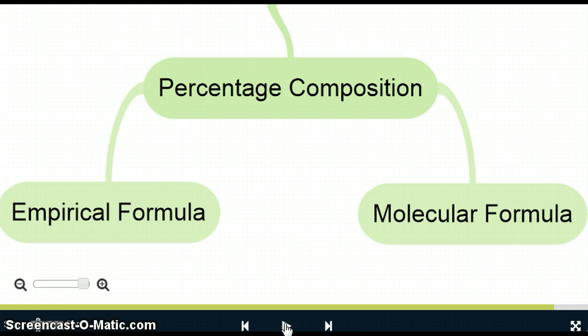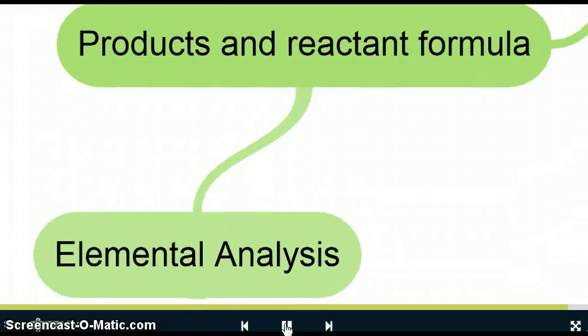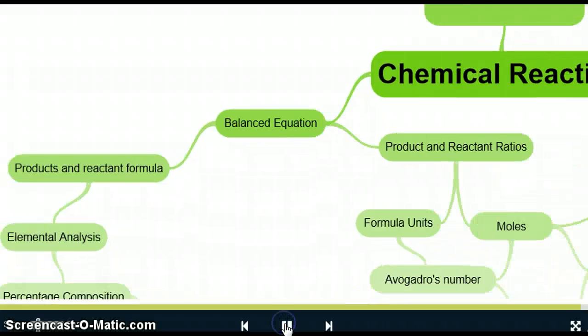Or they can also ask you to calculate the molecular formulae or the empirical formulae. The molecular formulae is a multiple of the empirical formulae, because the empirical formulae is the lowest possible ratio of atoms of each element in that compound.